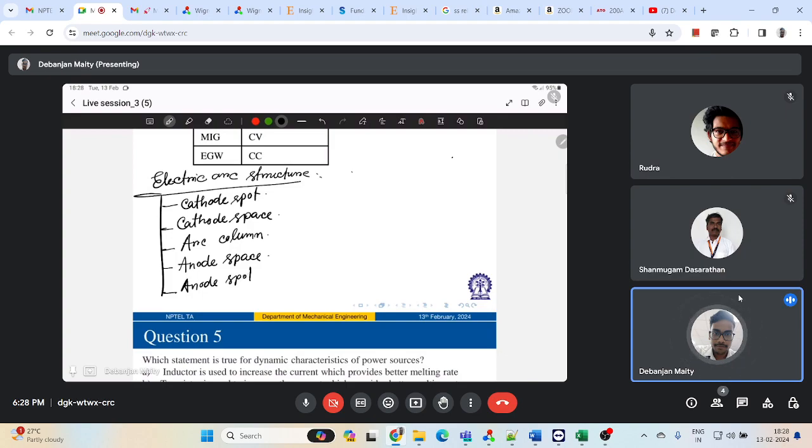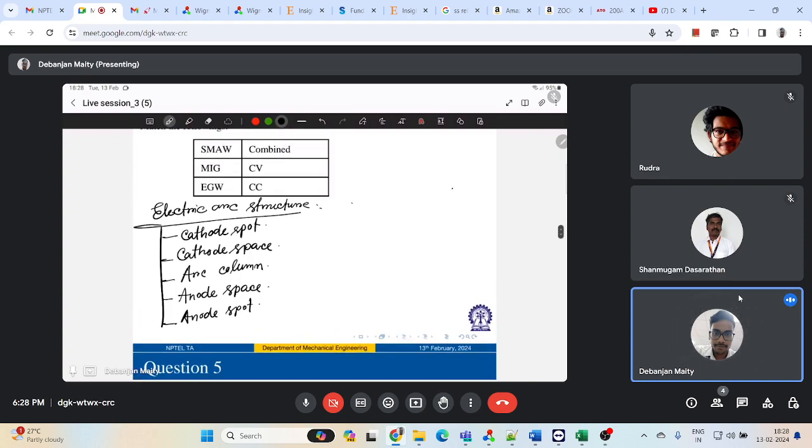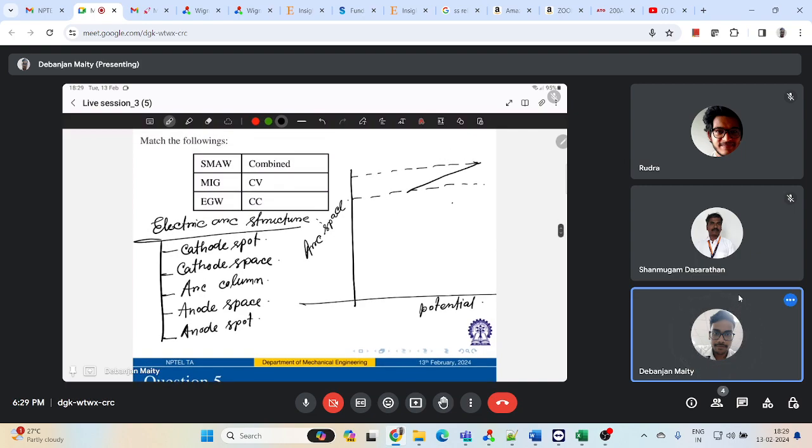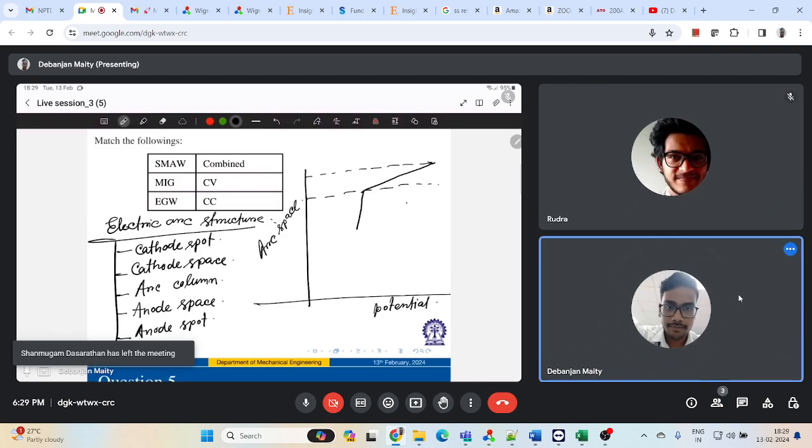Right? If you try to make some graph of how it will look in terms of arc space versus the potential. So let's say my x-axis is the potential, electric potential, the voltage difference, and this is my arc space, right? So I have regions where the graph will be more flat compared to the steeper ones.